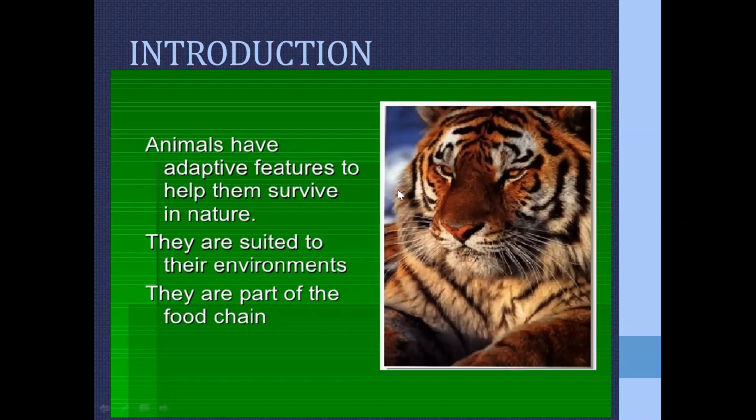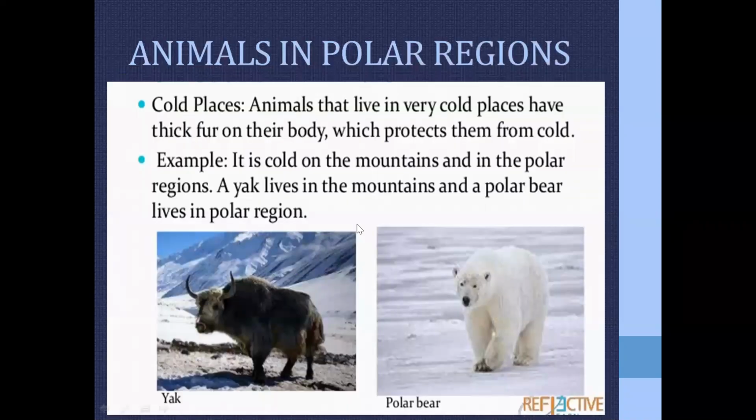Okay, next, first of all, we will talk about the animals which live in polar regions, and how they survive. You are observing the picture of two animals, the polar bear and the yak.